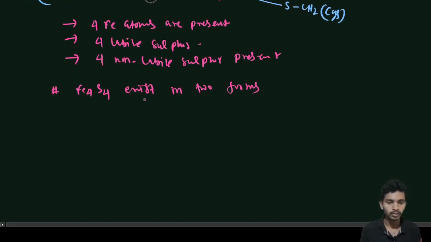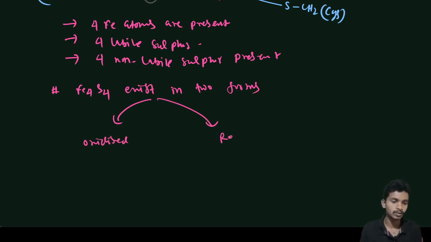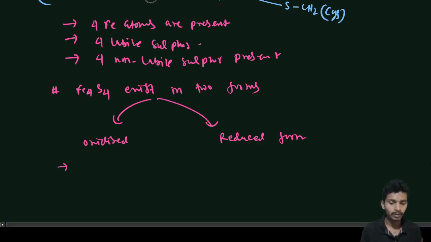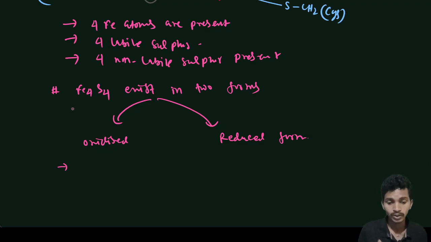Okay, one is the oxidized form, another is the reduced form. So whenever Fe is present, it is present in either +2 or +3 oxidation states.